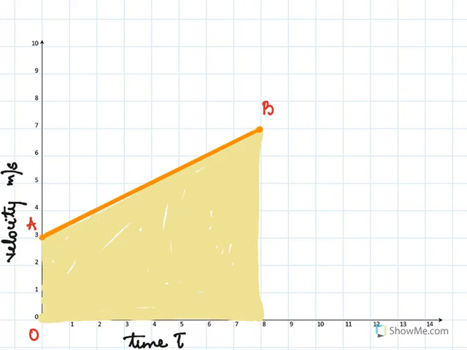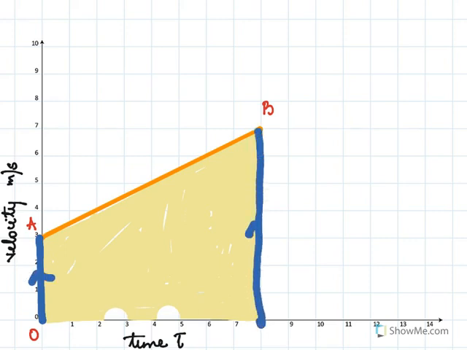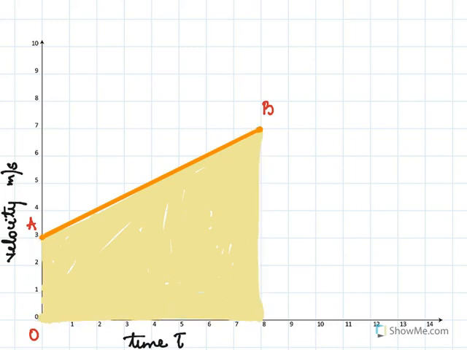So for the third equation, we will consider this area that we need as a trapezium. If you notice, this is a trapezium. Here is one parallel side, this is the other parallel side, and this is the distance between the parallel sides. So we will now calculate this area as a trapezium.